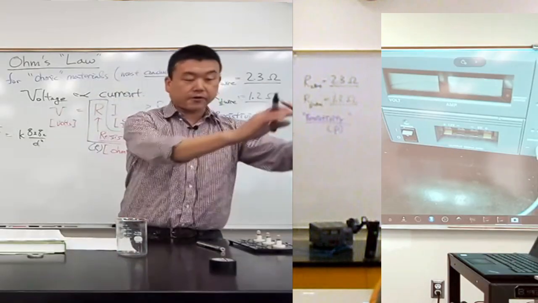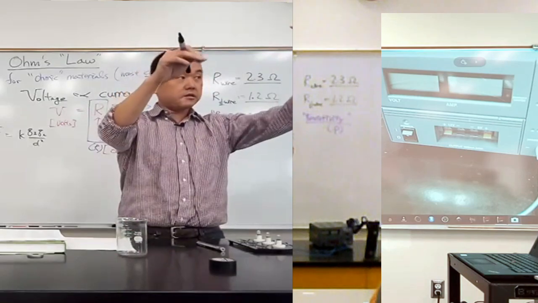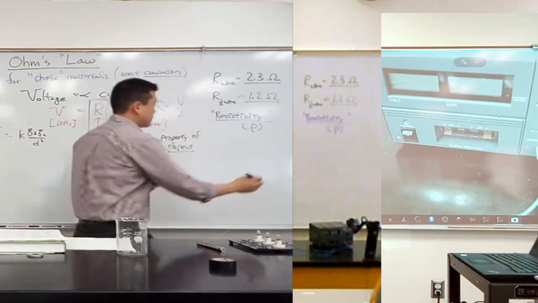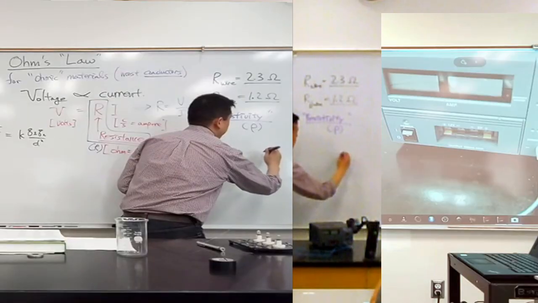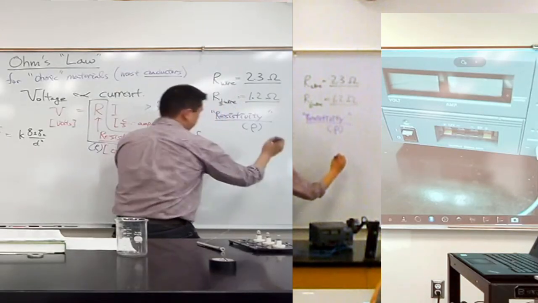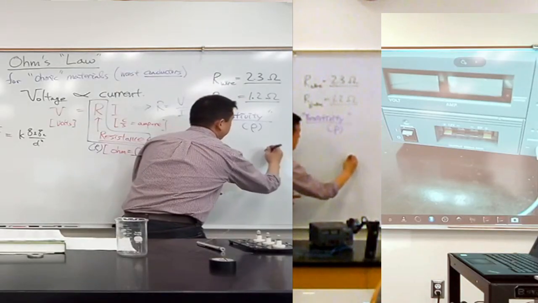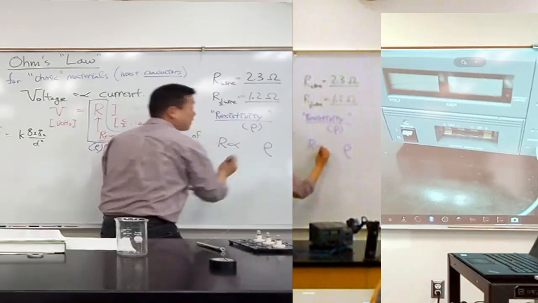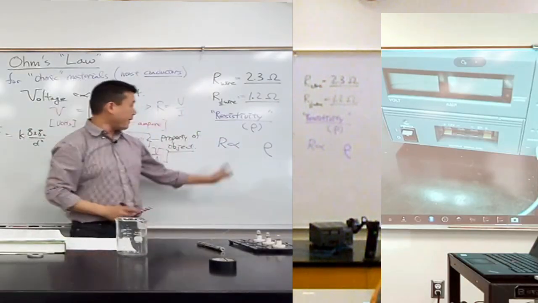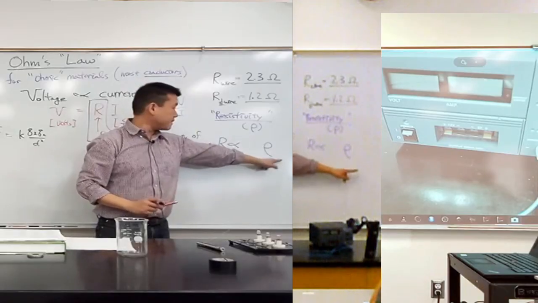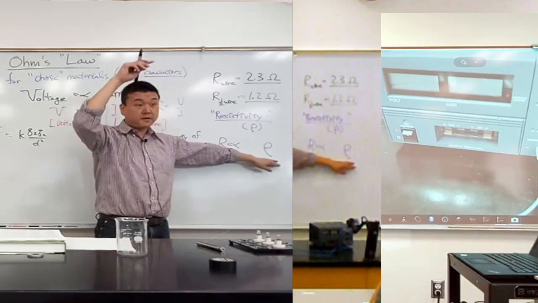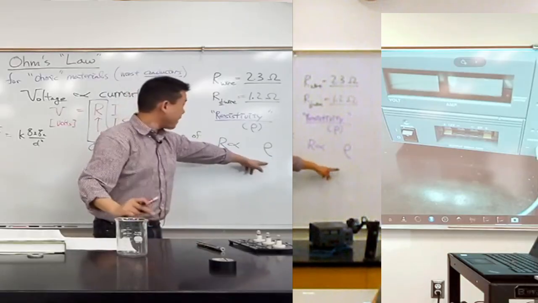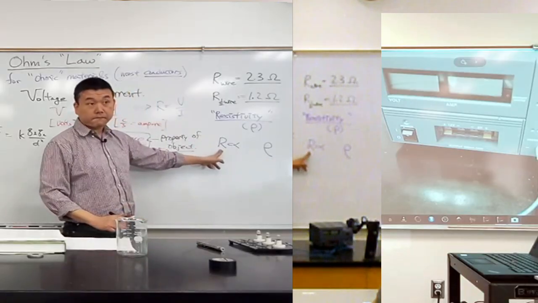So this is the same material. Let's say we keep its material property constant. Then what you said was the relationship, this is as far as we got: resistivity and resistance should be proportional, in the sense that all else being the same, if the resistivity of the material is higher, maybe I use something that has higher resistivity than iron, then the resistance would go up.